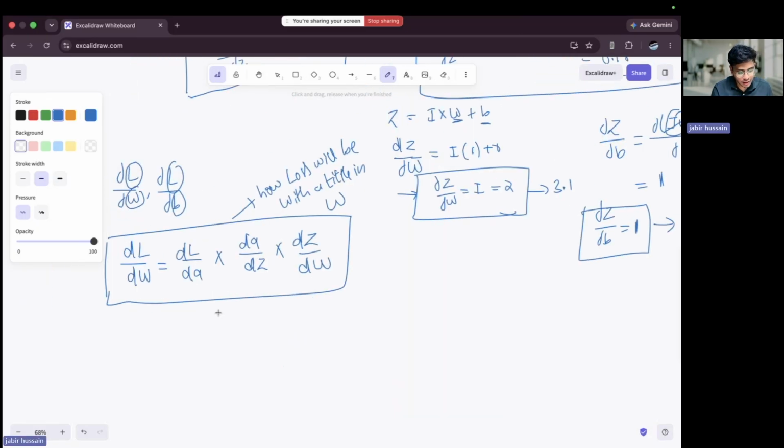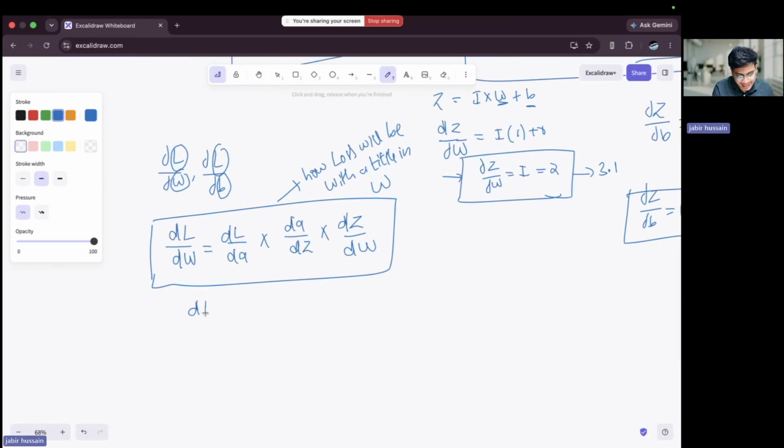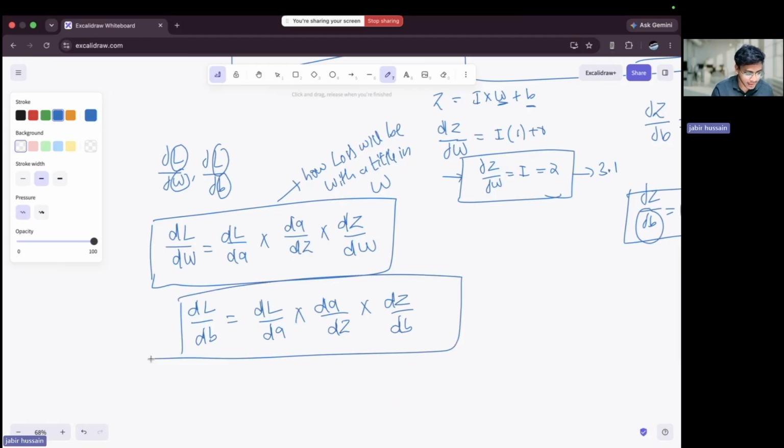And let me write it here. dl by dB would be, write the outermost derivative dl by dA cross dA by dz cross, now you're checking with respect to B, so that is why dz by dB will come. Okay, and it tells you exactly how loss is changing with respect to change in B.